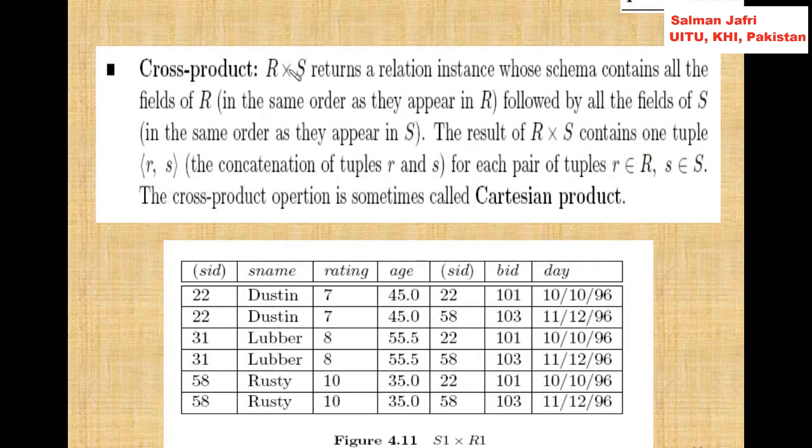Now Cartesian product is R multiplied by S: the number of tuples of R multiplied by the number of tuples of S. This is basically the answer. So if I want to execute S1 cross R1, how would that operate?